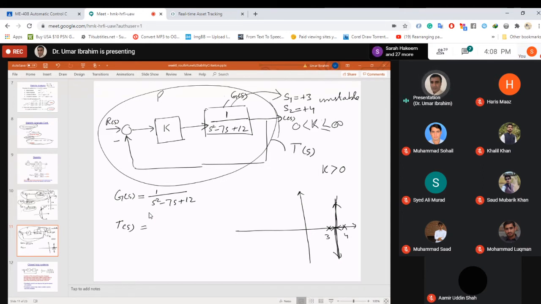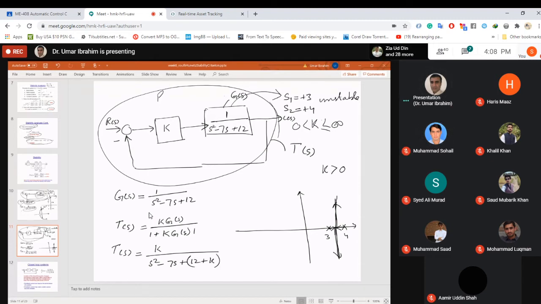T of s will be equal to k g of s divided by 1 plus k g of s into h of s, which is equal to 1. When I find the transfer function t of s, it comes out to be s squared minus 7s plus 12 plus k.